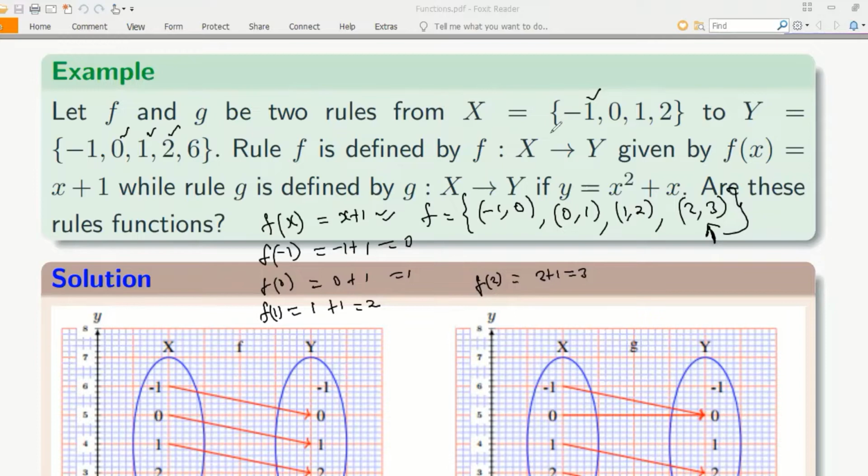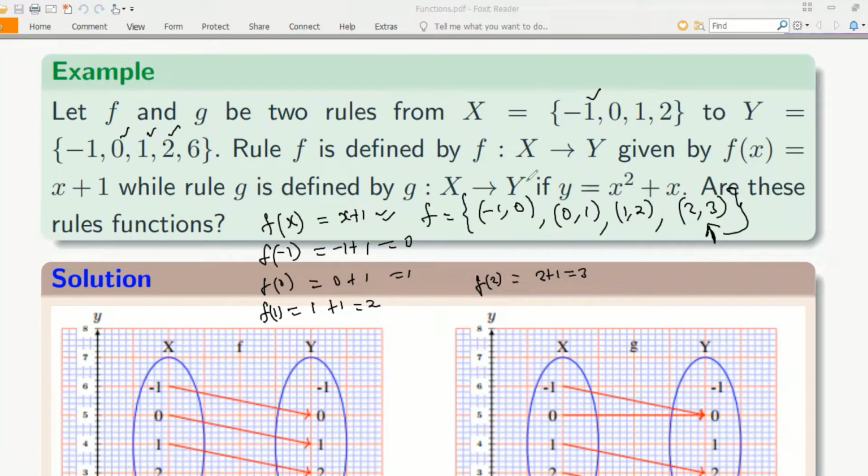Let's see how the diagram would look. I'm getting the diagram from here: -1 is assigned to 0, 0 is assigned to 1, and 1 is assigned to 2.